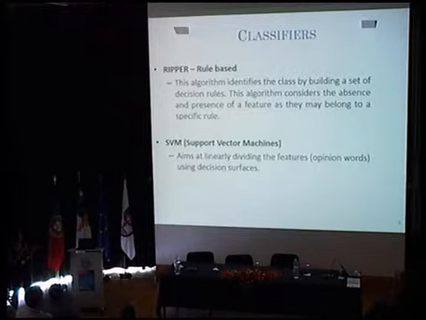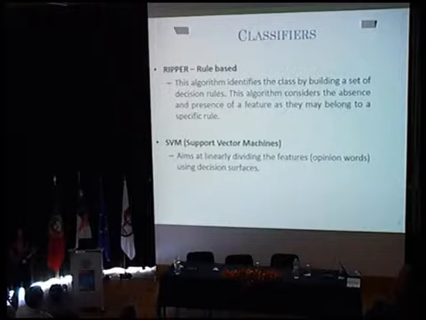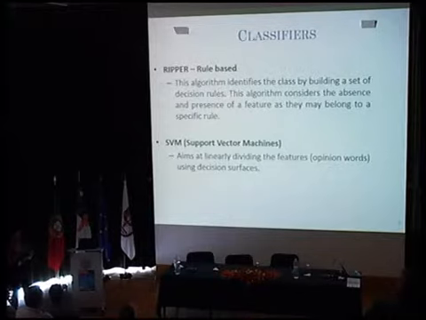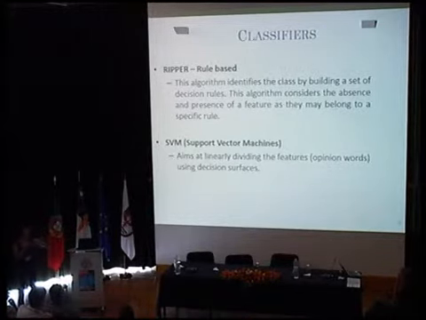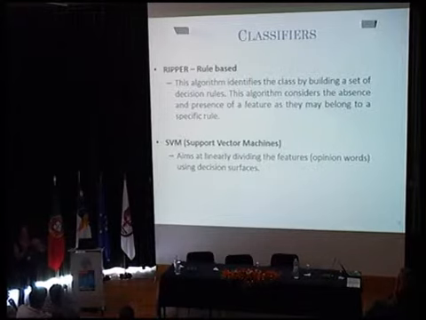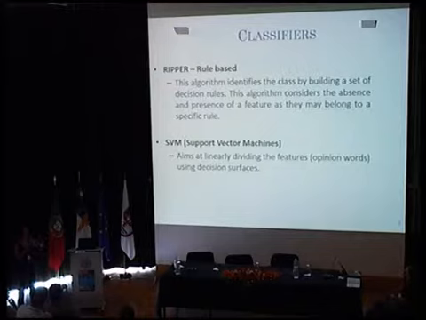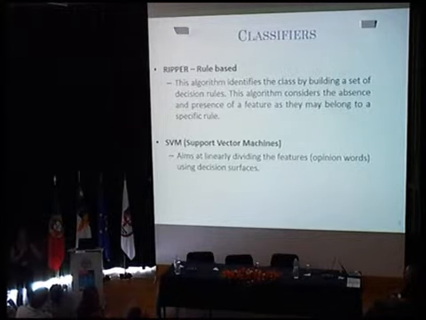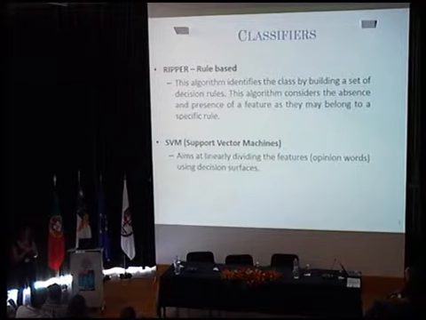For both these classifiers, we use the Weka tool. And in here, what we want to see is, can this classifier build enough rules so we can see the difference between the positive and negative reviews? With the support vector machine, what it aims is to build decision surfaces and decide between these 2 polarities. But this is in a binary classification.